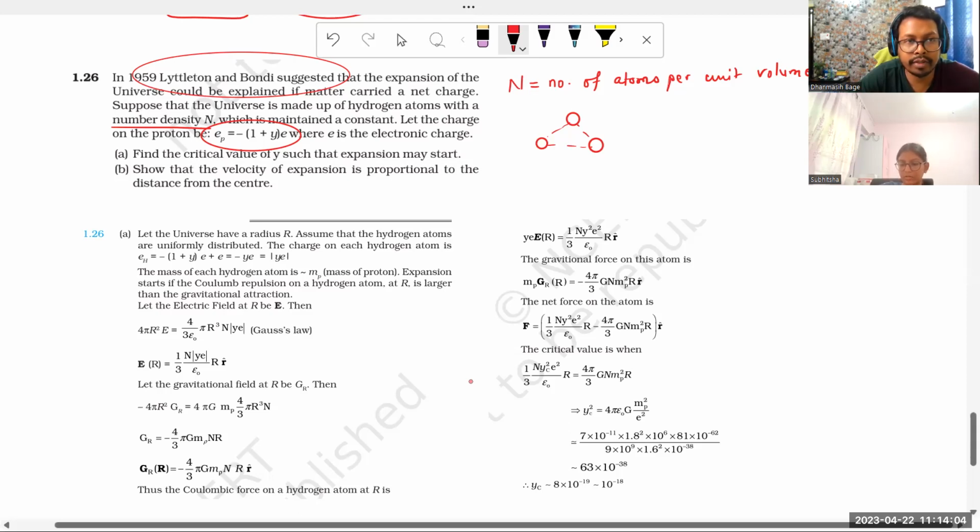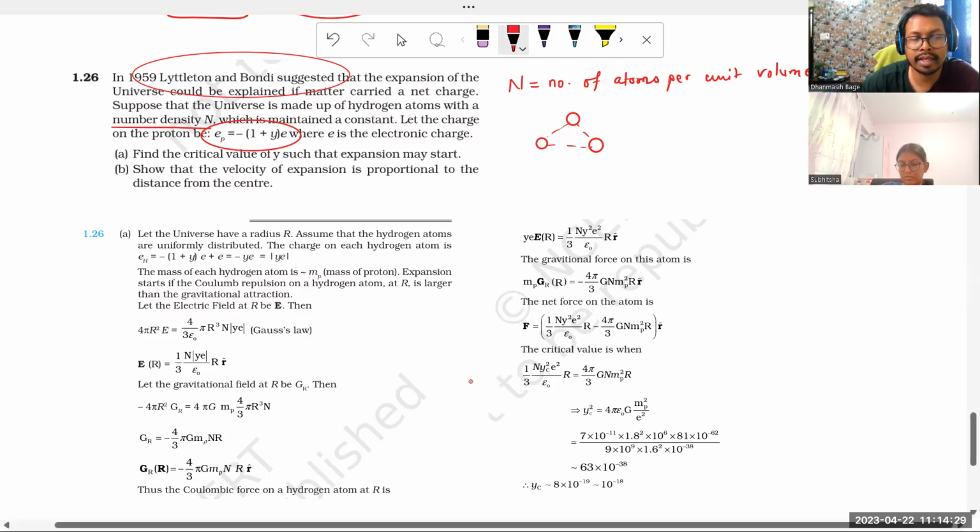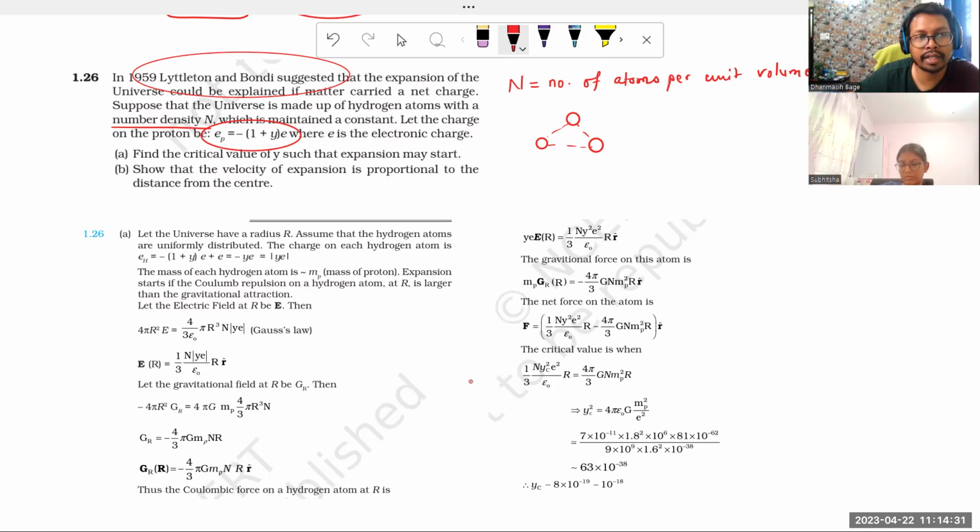Okay, let the charge on the proton be EP equals minus 1 plus Y. So if Y is an extra amount of charge on the proton, right? Extra amount of charge on the proton, they should have given it positive. Okay, they have given it negative. Fine, no problem. So, okay, in this case, just imagine the hydrogen atom.